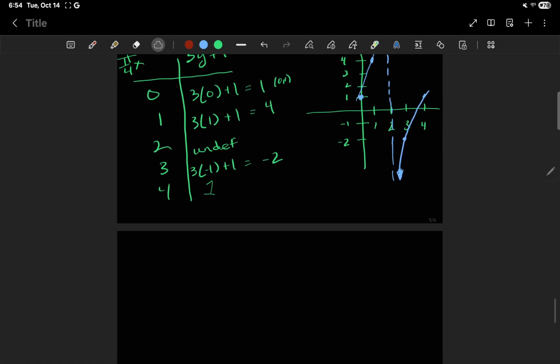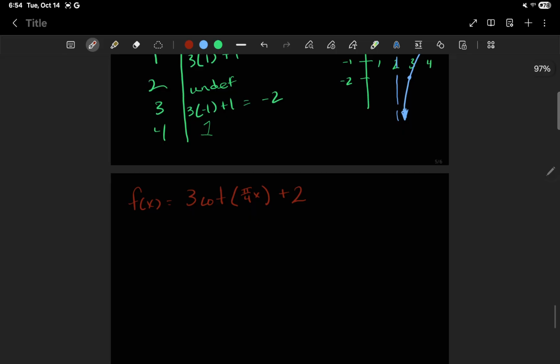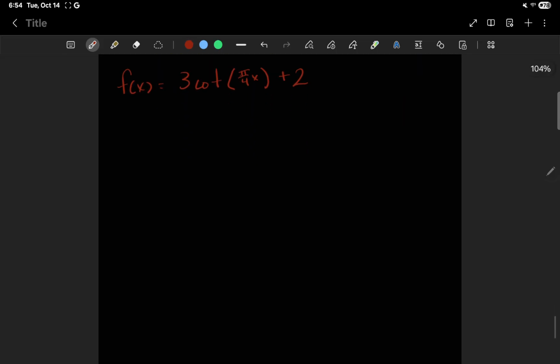So f of x is equal to 3 cotangent of, and let's do, let's just do pi over 4 again. Make this a 2, change things up a little bit. Yeah, why not? So for this guy, we're going to use the same.